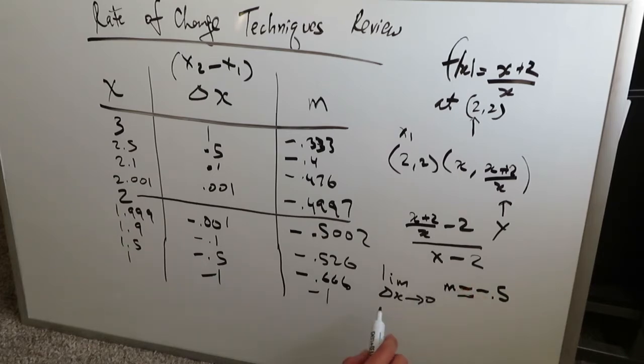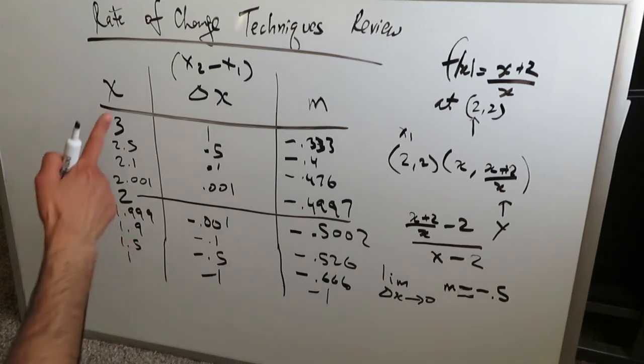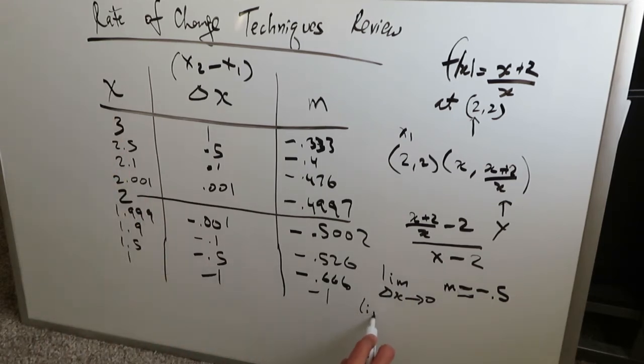And we can also use the other notation. You can say limit as x approaches 2 from the right or 2 from the left. What happened to my slope? It approached minus 0.5. You see, there are two ways.